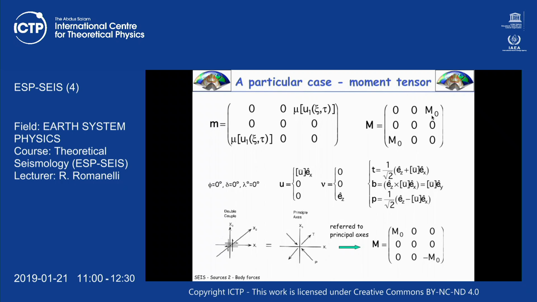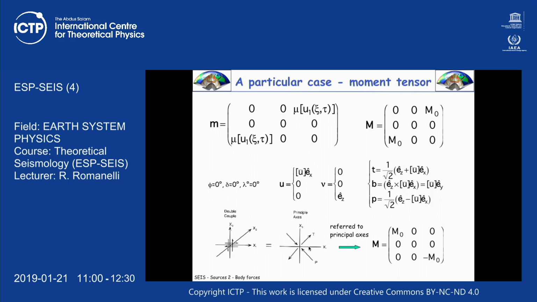And mu is remembering the medium. Once you diagonalize this one, you get this. And you have plus, 0, minus. And you have the three principal axes that are oriented like that. It's the same representation.